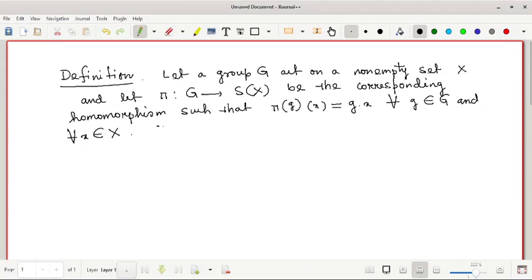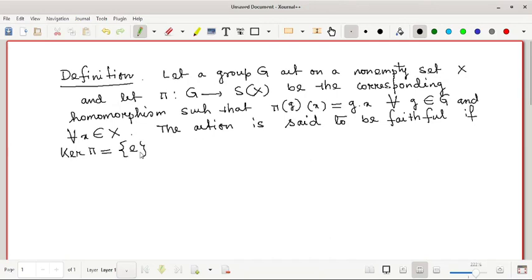The action is said to be faithful if the kernel of the homomorphism phi contains only the identity element of G, where e is the identity in G. Okay, so that means an action is said to be faithful if the corresponding homomorphism is one-one.